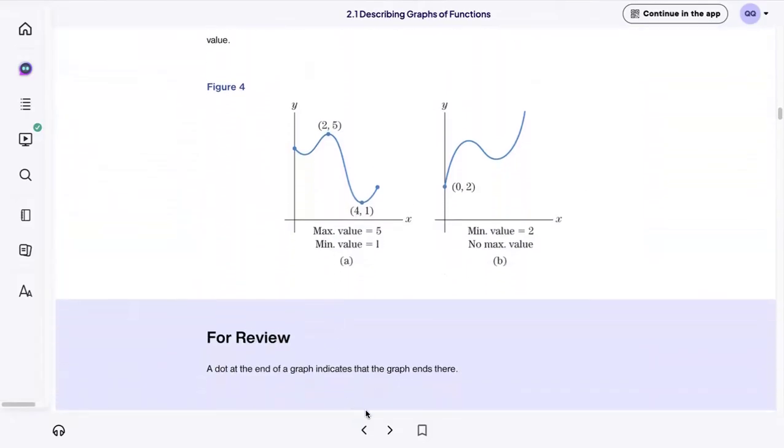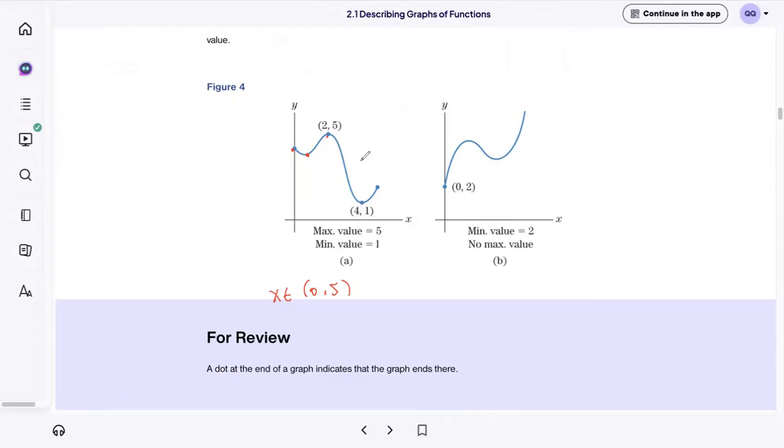Let's see those points. Okay. So the first function, the domain is from 0 up to 5, the x value. So let's see what happens in this one. We see these points.